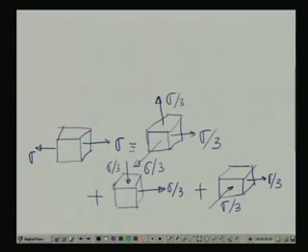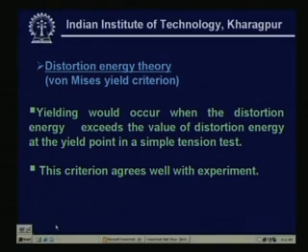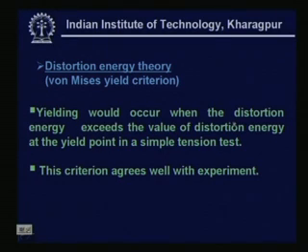Once we can find out the distortion energy, that distortion energy can be equated with the distortion energy when we compute for a simple material under a simple tensile test. So, that is the idea. Now, once we go back to this one, it says yielding would occur when the distortion energy exceeds the value of distortion energy at the yield point in a simple tension test.